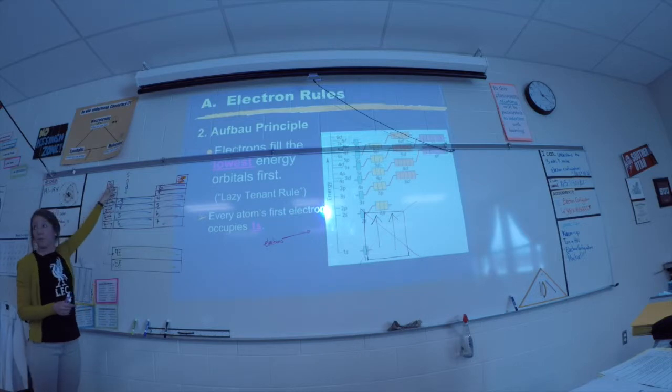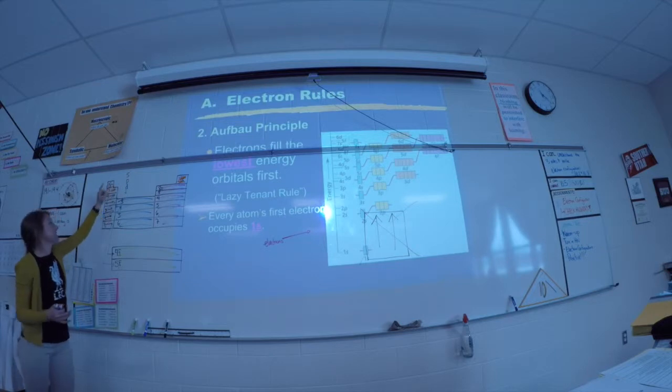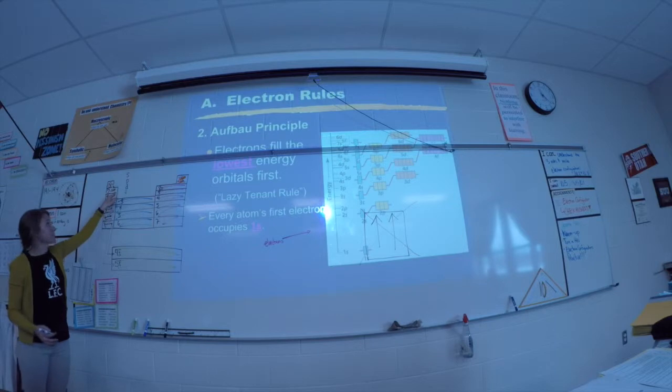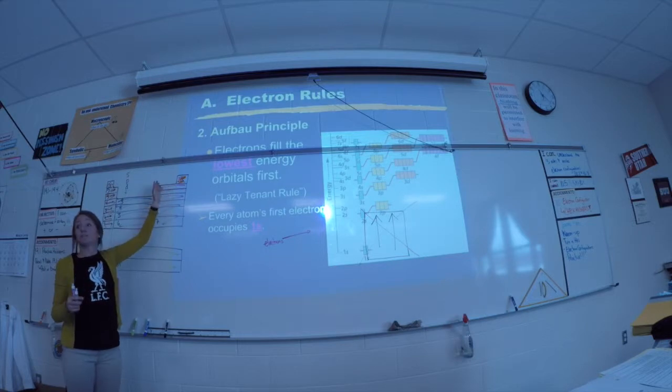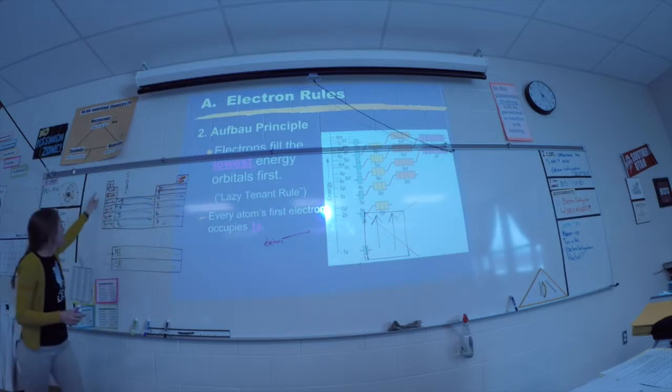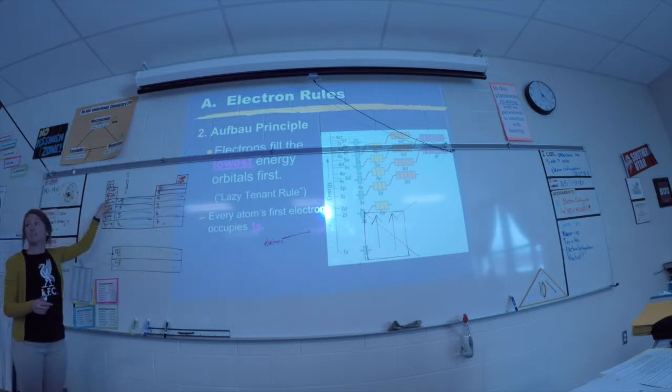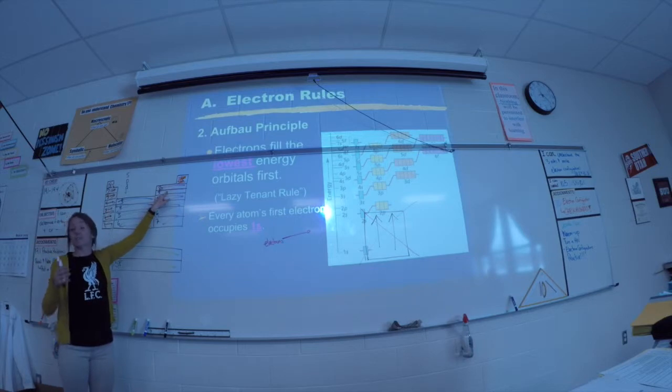So we start with the 1s room. Once the 1s room gets filled up, we then start putting electrons in the 2s room. Once the 2s room gets filled up, we then start putting them in the 2p room. Once the 2p room gets filled up, we then put them in the 3s room. Once the 3s room gets filled up, we then put them in the 3p room.